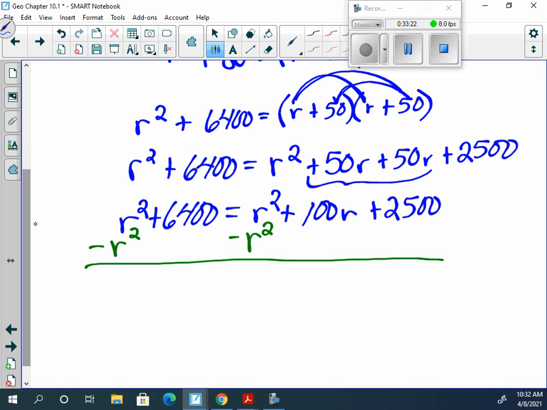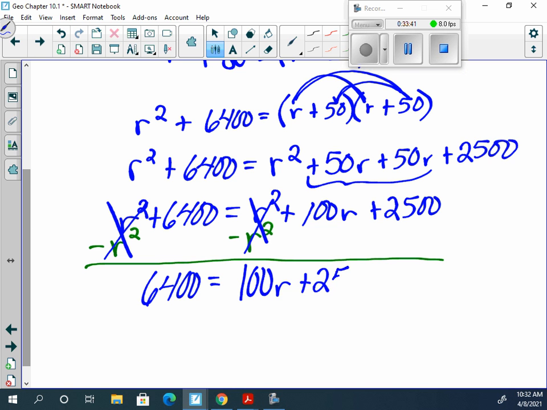Because thankfully on the left-hand side, r squared minus r squared is 0, yes? R squared minus r squared is what? So luckily for us here, the r squareds simplified out.